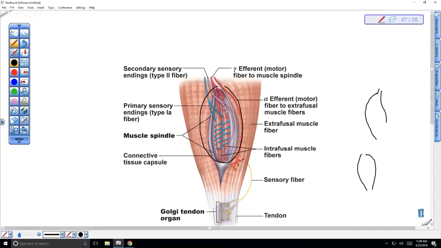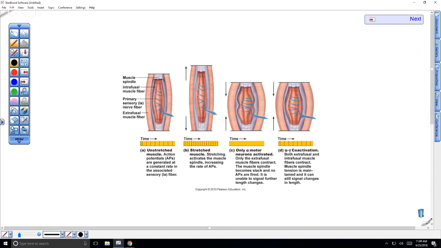And so if we look at how this works, kind of ignore this for right now. We probably won't get into that much detail. But notice that there are action potentials being sent into the spinal cord even when the muscle is unstretched, right? So there's a certain frequency of action potentials being sent to the spinal cord.